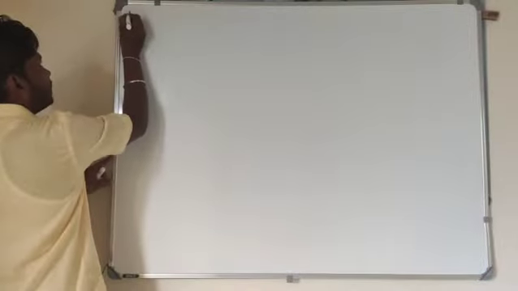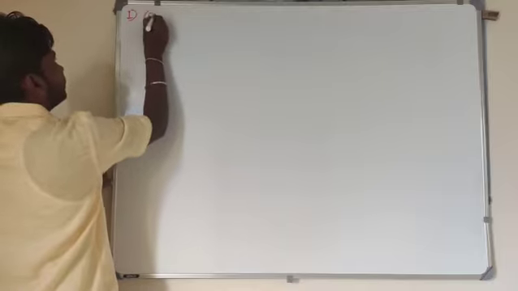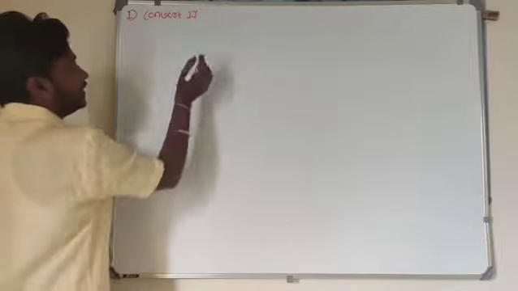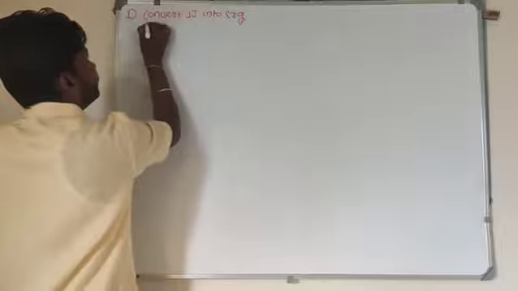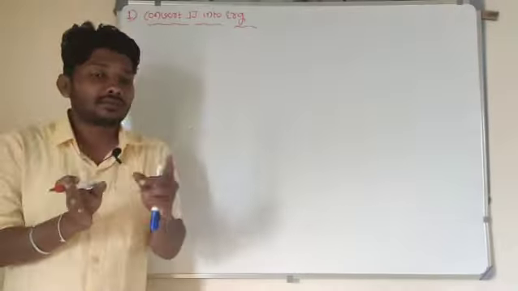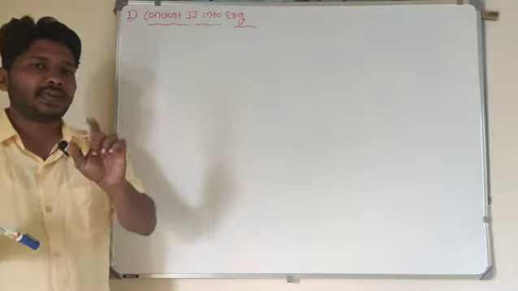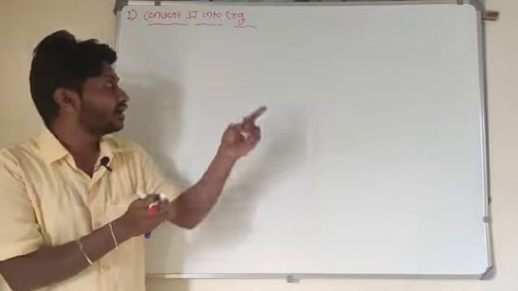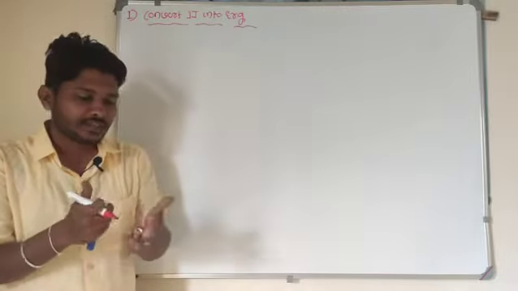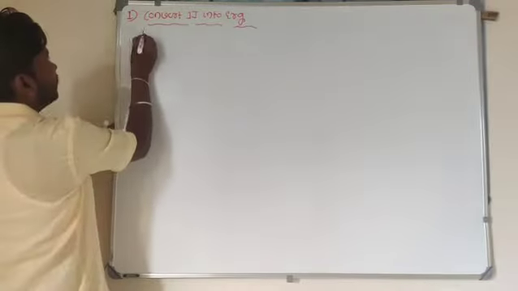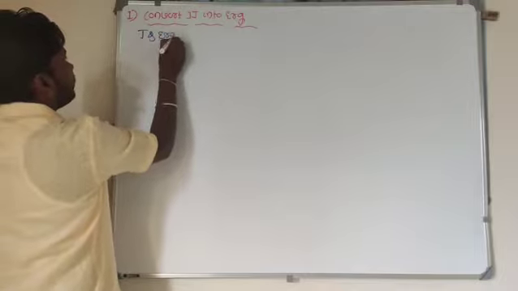So we'll look at one example here. They will ask the question like: convert 1 joule into erg here. Energy we measure in terms of joule in MKS system, whereas in case of CGS system, energy we measure by the unit erg.